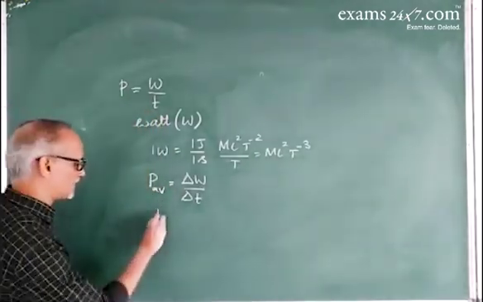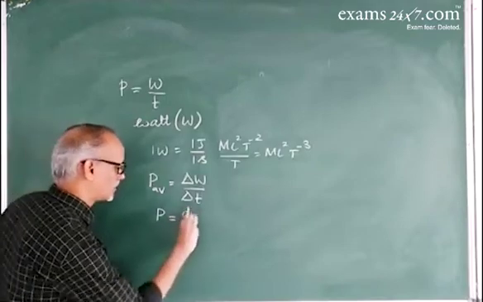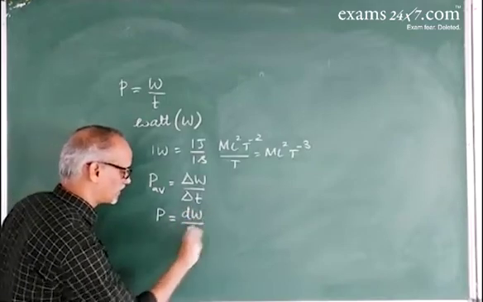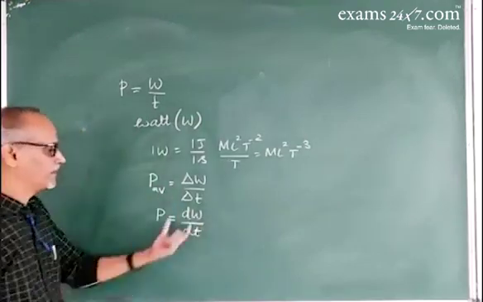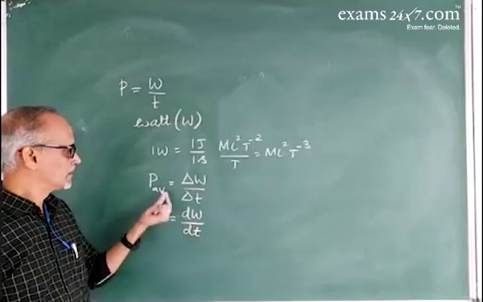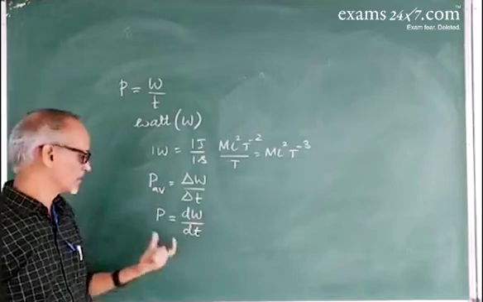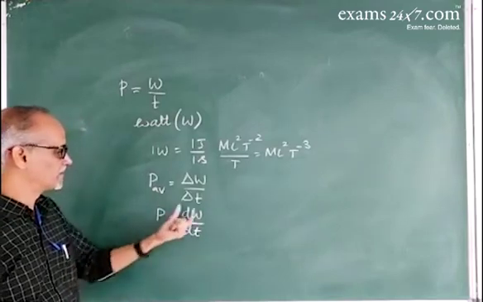And if you want to find the instantaneous power, then we have to differentiate work with respect to time, dW by dt. It is the limit of the average power when the time interval tends to 0, which gives the instantaneous power.